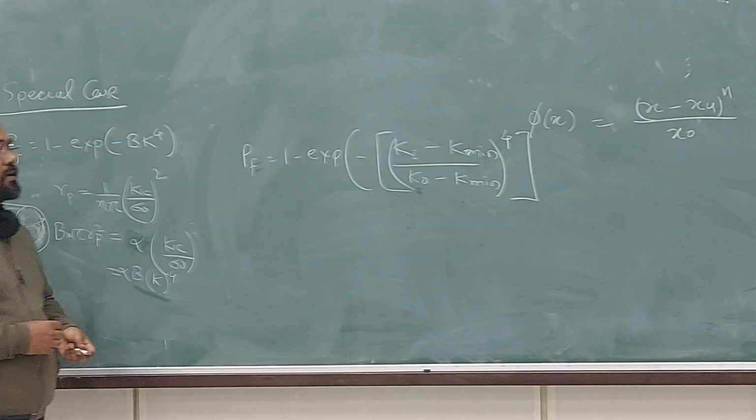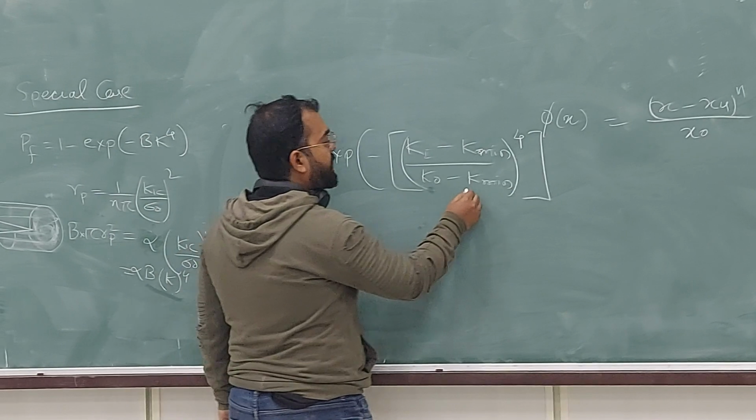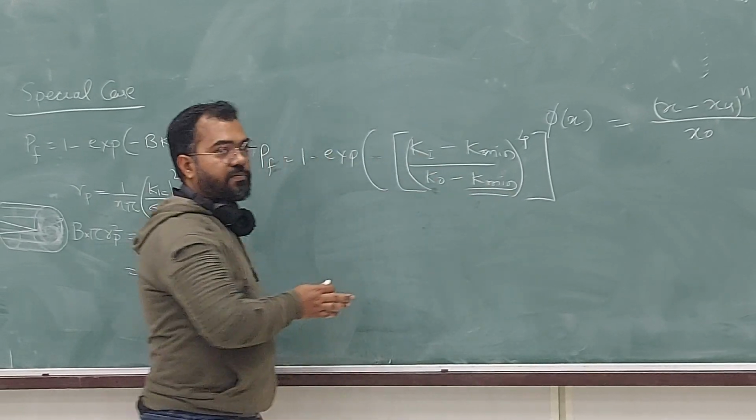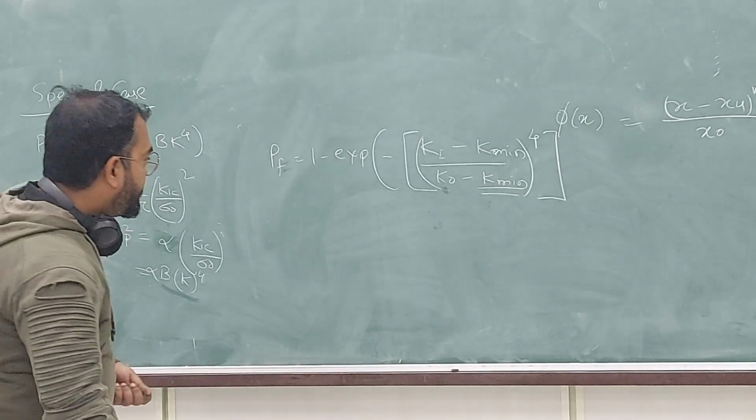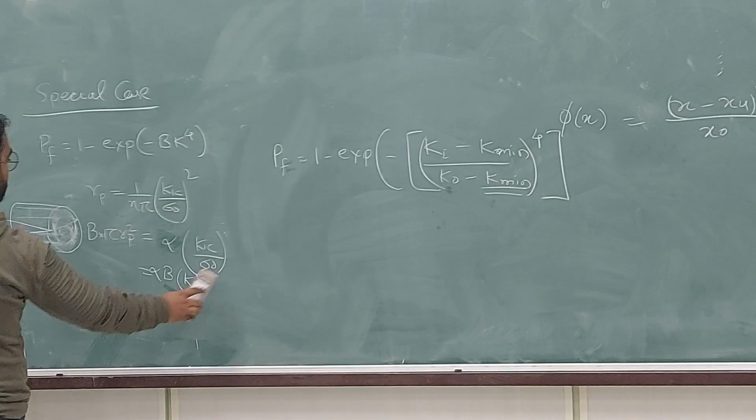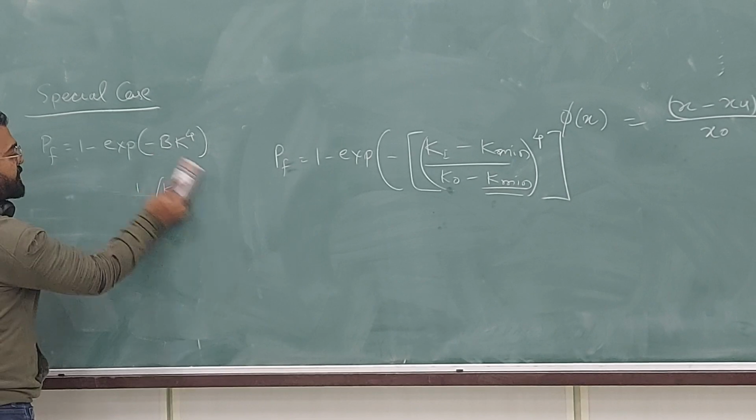Okay, and K minimum you have to approximate, and the rest of the things you have to find from the statistical analysis. Where do we apply this? So one thing is sure that this is applied in brittle fracture.